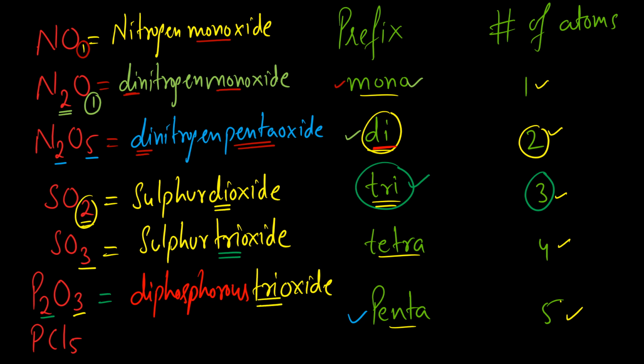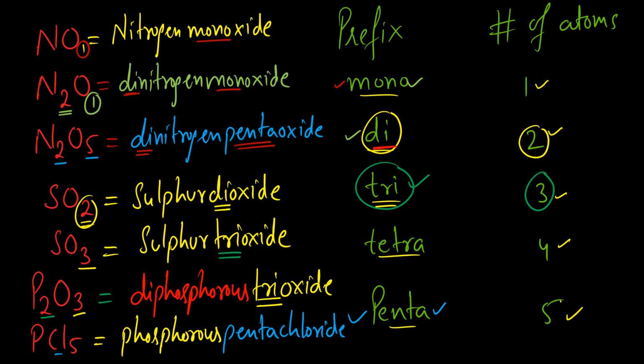Because I have 3 oxygen here. Now let's go to the next. In this I have phosphorus with 5 chlorine. So it's going to be phosphorus. For 5, what am I going to use? I'm going to use penta. Since it's chlorine, it is going to be written as chloride. So it's going to be phosphorus pentachloride.